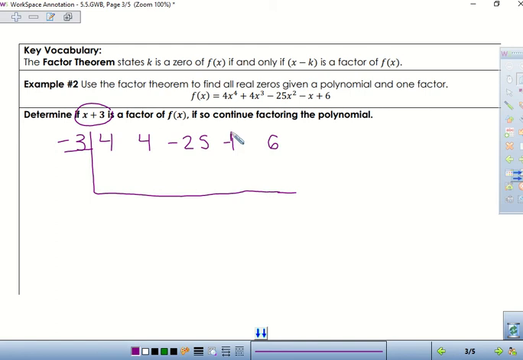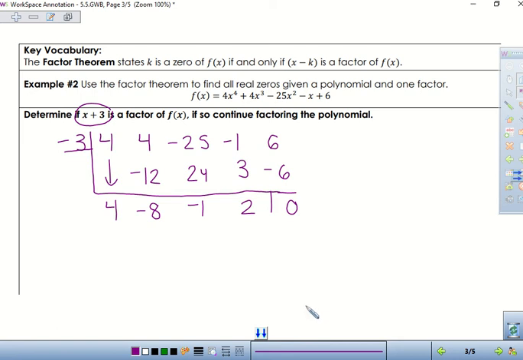All right. Anybody have any questions about this setup? Okay. I don't like the way that negative 1 looks. All right, so we start by bringing down the 4, multiplying, combining, multiplying, combining, multiplying, combining, multiplying, and combining.